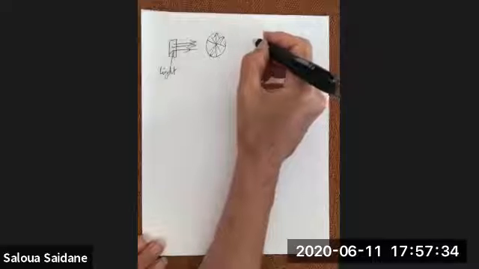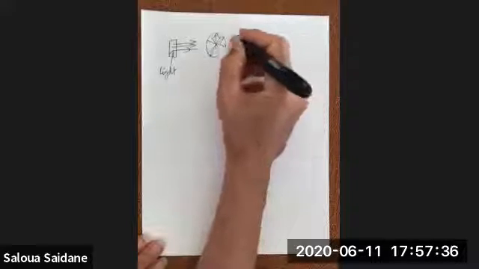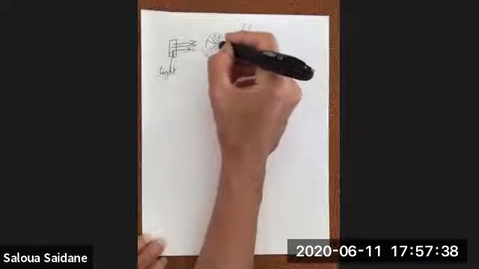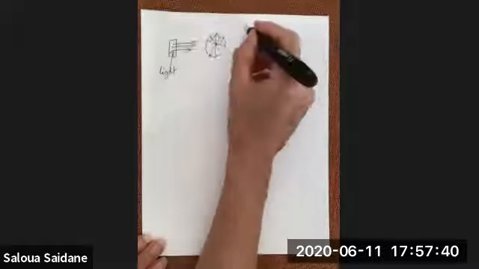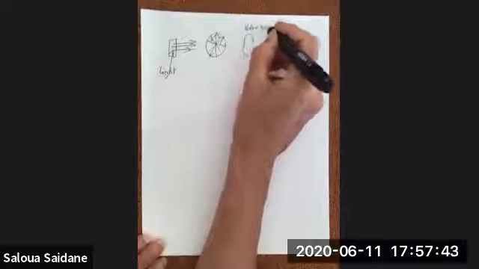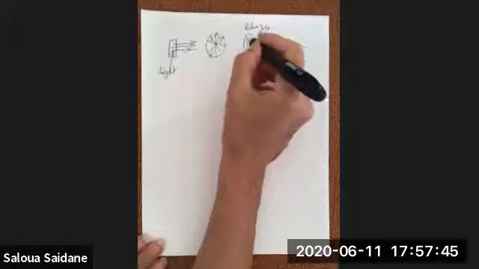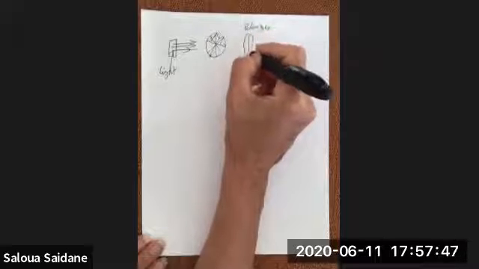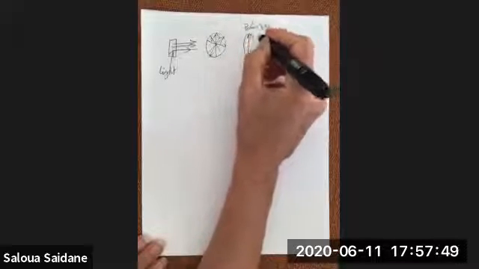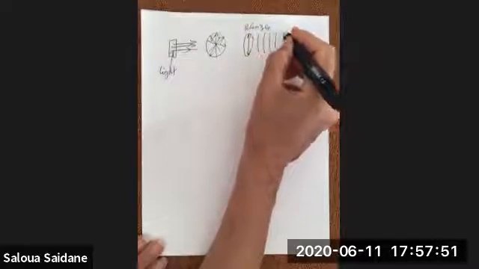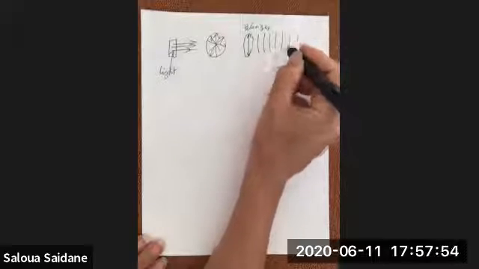If you put a polarizer here, the light will start going through one direction, so it comes out at a very specific angle.